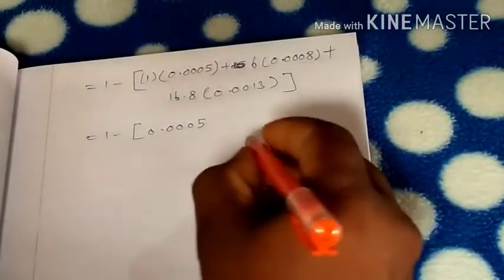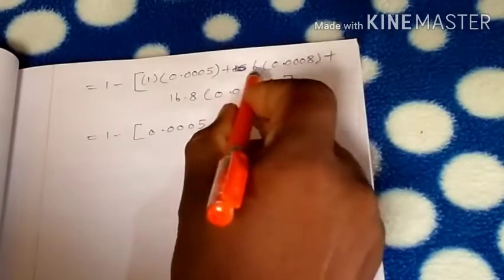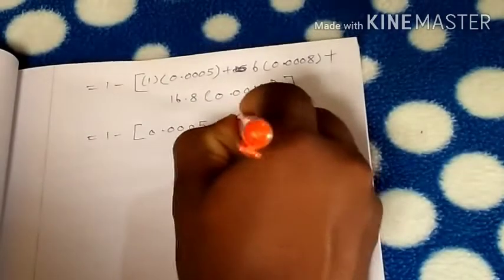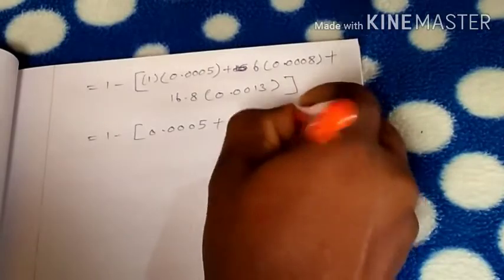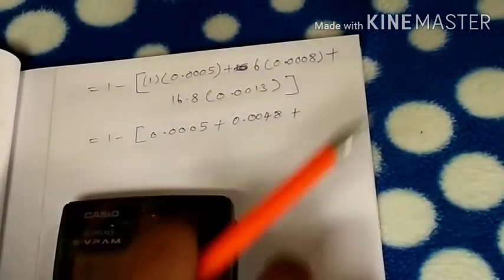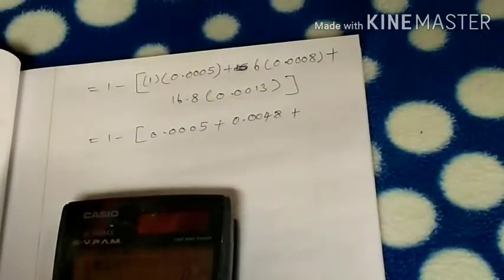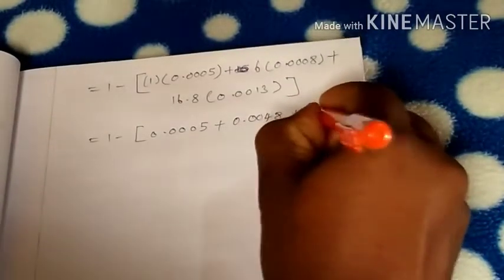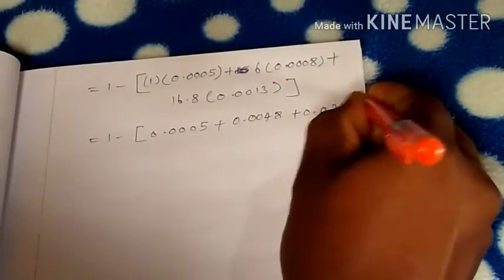Then plus the multiplication of 6 into 0.0008, which is equal to 0.0048, plus the product of these two values, 16.8 into 0.0013, equal to 0.0218.